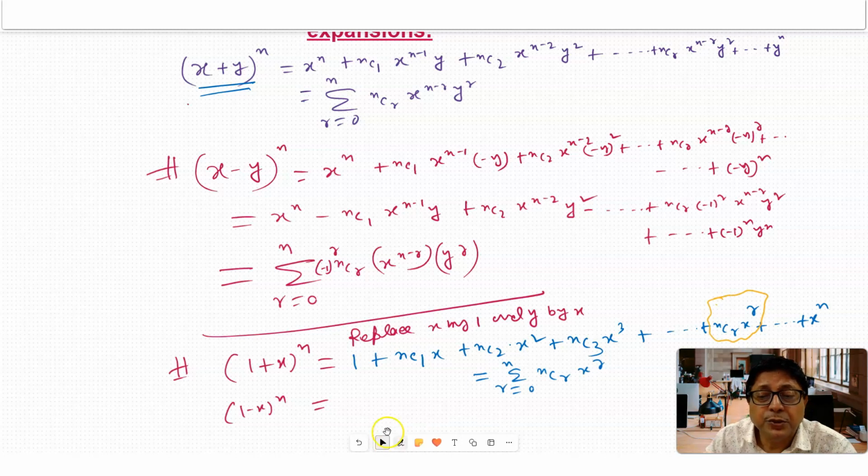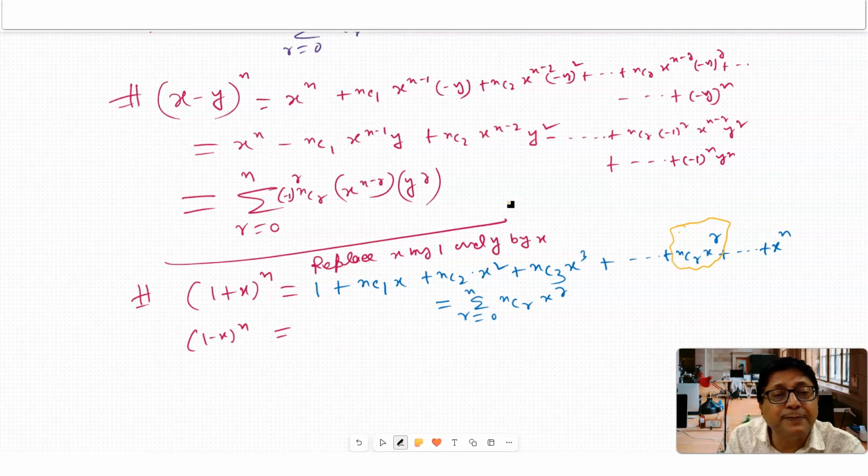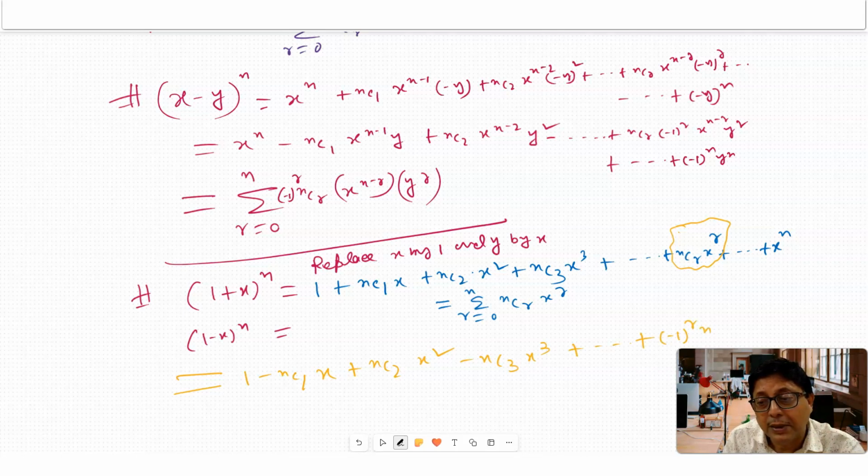So you can write it that way, and if you expand by using the formula which you have written there, it is going to be just 1 minus nC1 x like the previous one, nC2 x square minus nC3 x cube, x to the power r, plus minus 1 to the power n x to the power n.